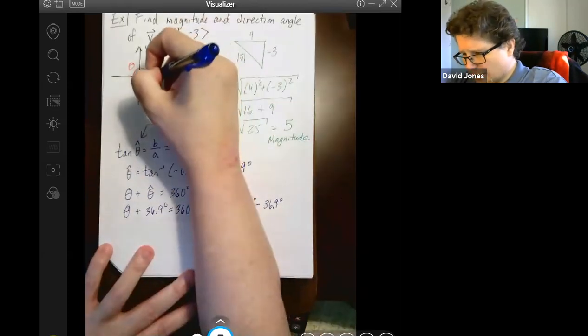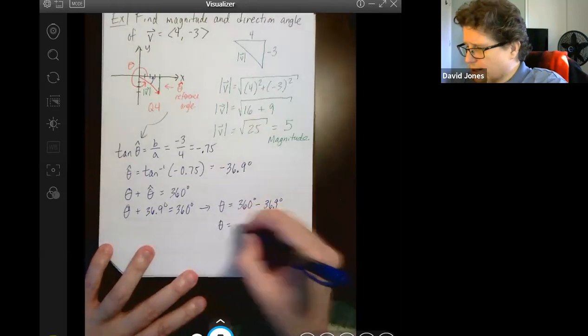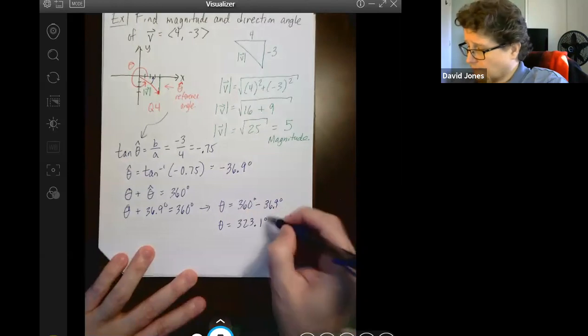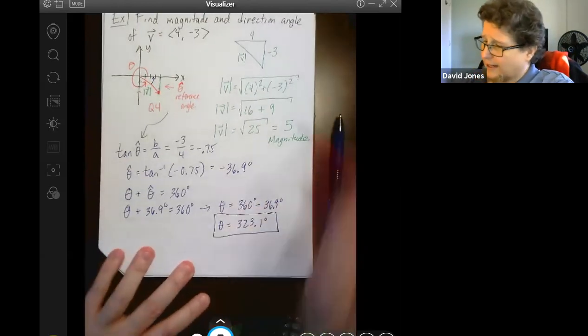Theta hat is actually going that way, so theta hat's kind of positive. This is just telling us it's down below the x-axis. And we get theta equals 323.1 degrees. And we had a magnitude of 5.